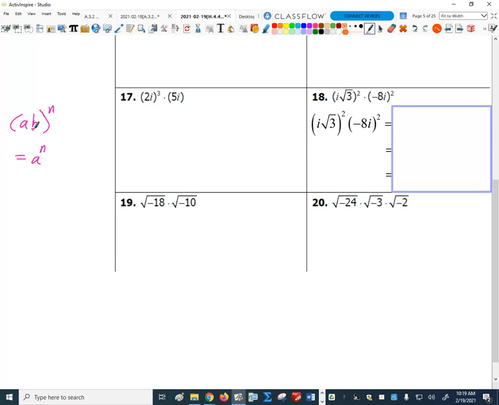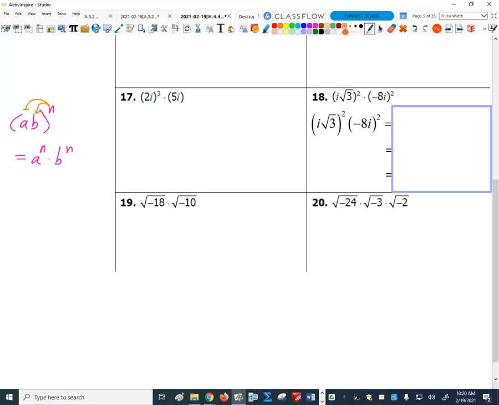So the product ab to the n equals a to the n times b to the n. This won't work if I'm adding. This only works if I've got a product. If I'm multiplying things and the product is taken to a power, then I can effectively just distribute that exponent to both of the factors.